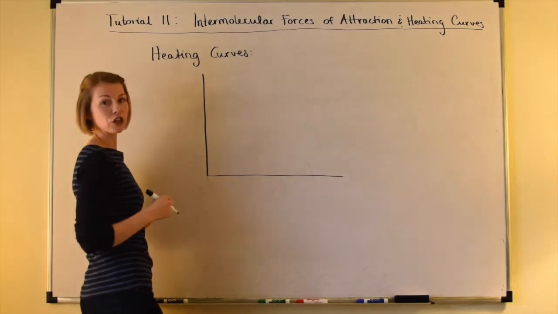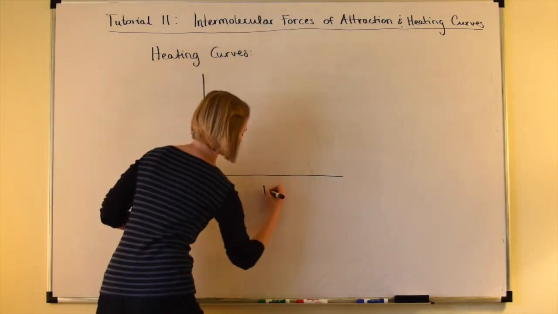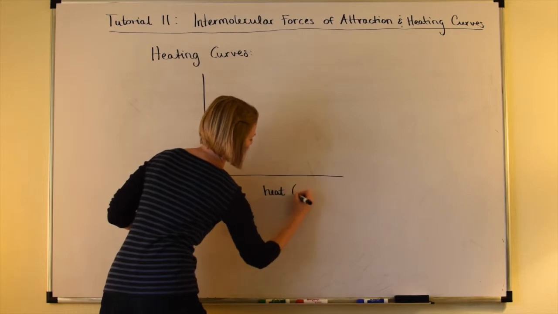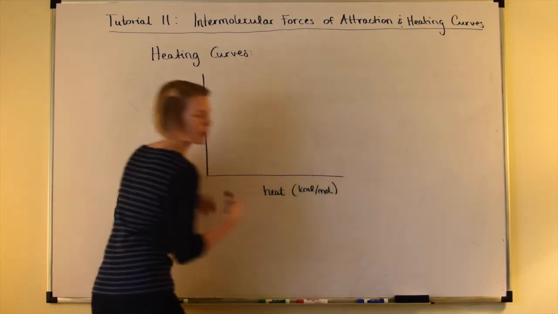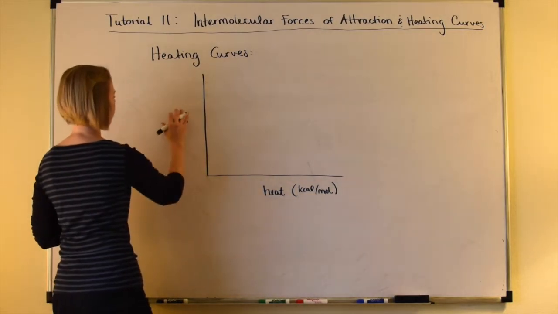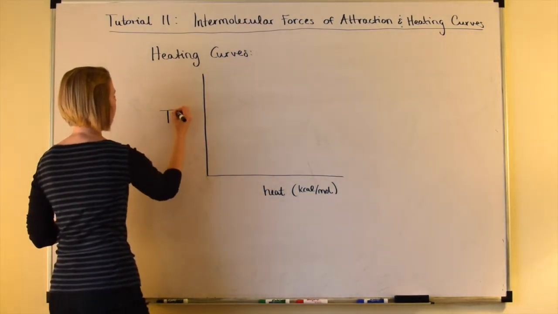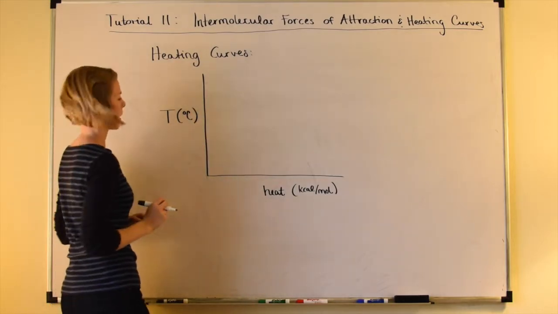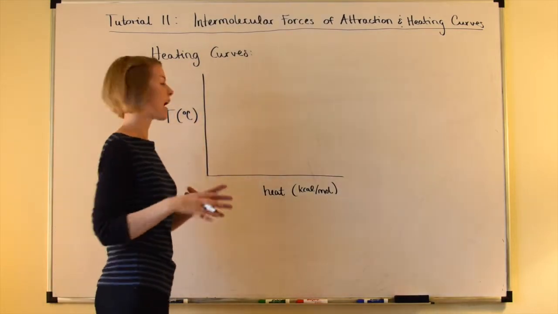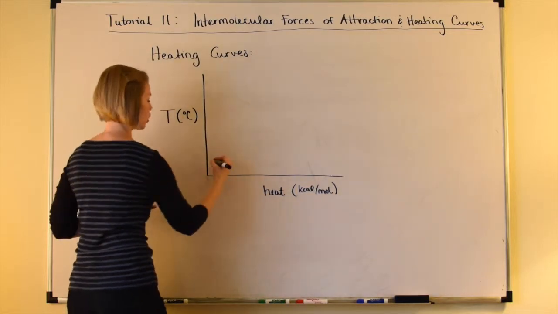Okay. And in a heating curve, we have heat. We'll just write kilocalories per mole for the unit here. It doesn't really matter since we're not really being quantitative here. I'll just go ahead and give it units. Versus temperature. And we'll go ahead and put that in degrees Celsius. And a heating curve will always have the same general shape.